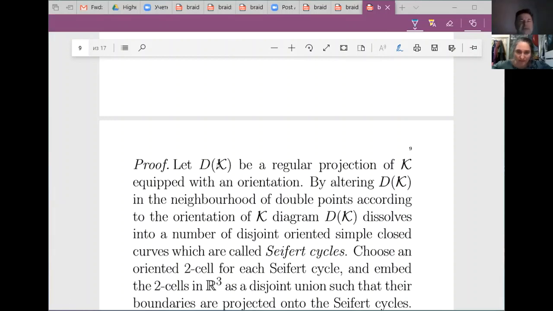Just consider D of K as a graph. You forget in your knot diagram, just for a moment, the crossings and overcrossings. You have a graph, and you cut your paper exactly by your knot. Exactly by your knot. Okay?